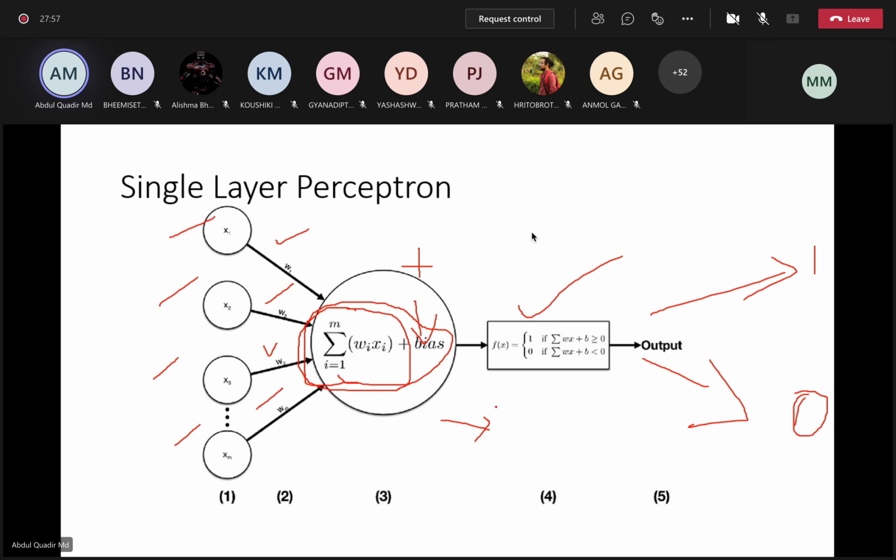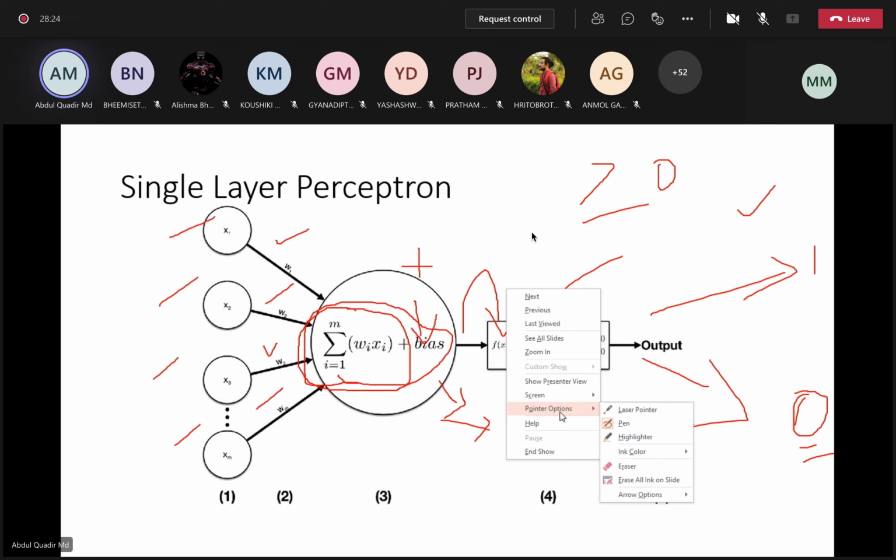The value which I am getting from here is put inside the activation function. If my value is greater than or equal to 0, it will classify it as 1. If my value is less than 0, it will classify it as 0. Very simple, right? So I am adding up the weights.